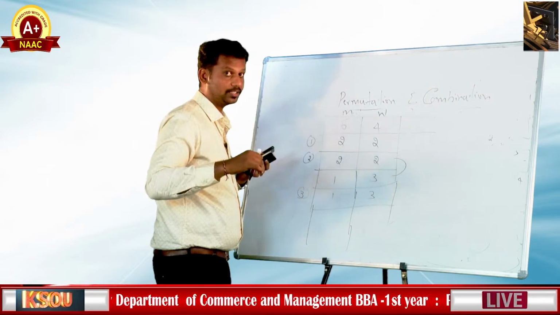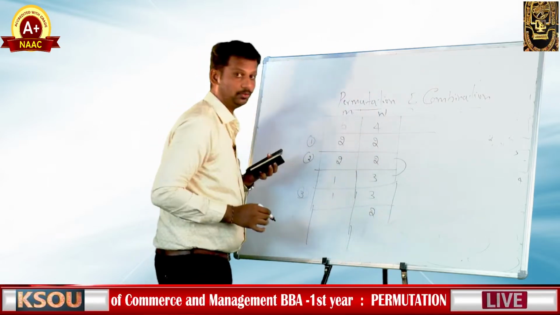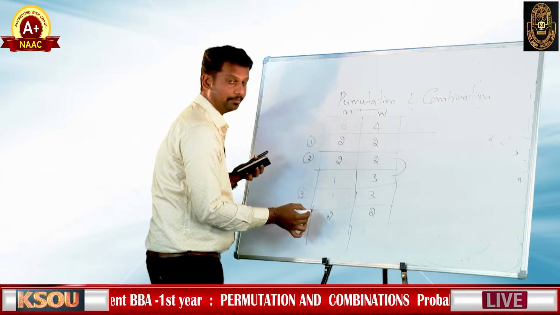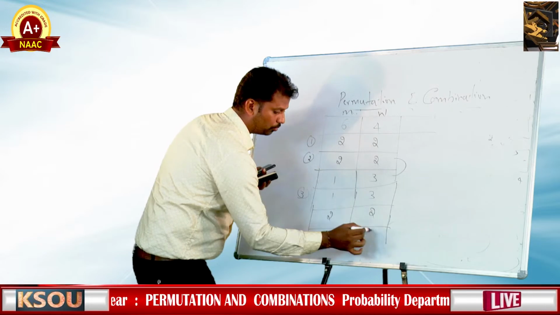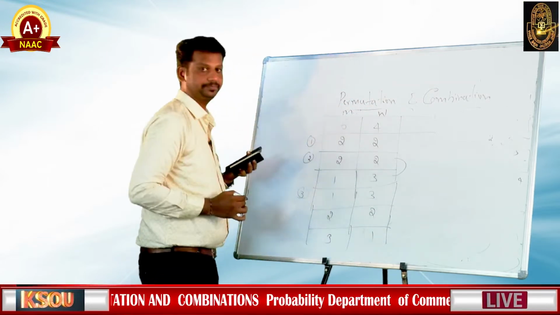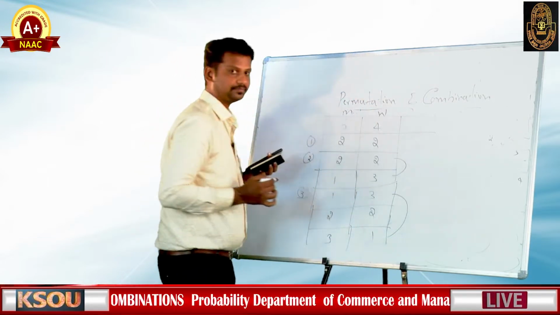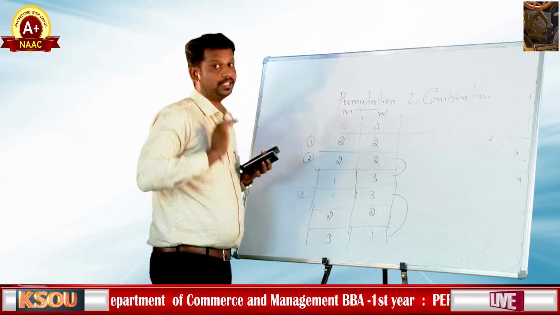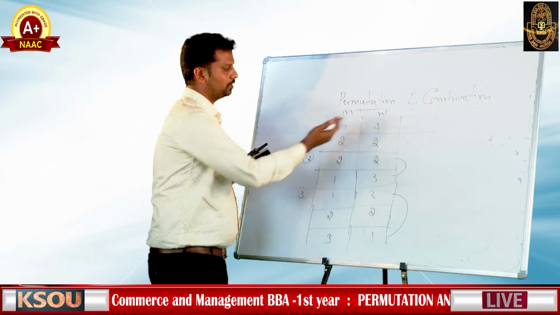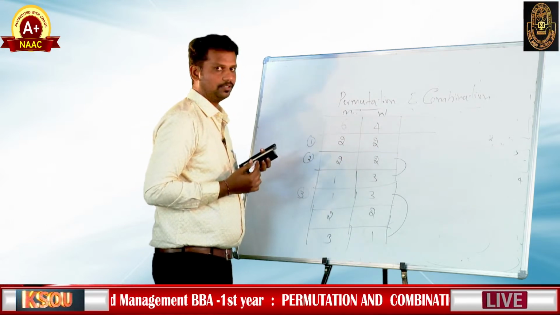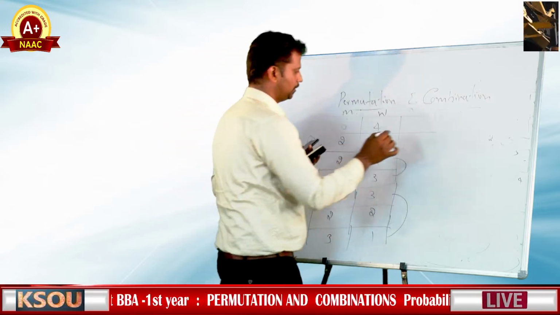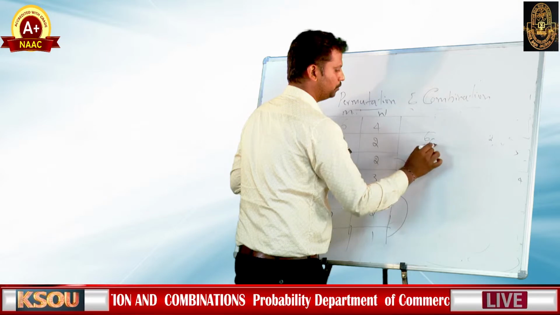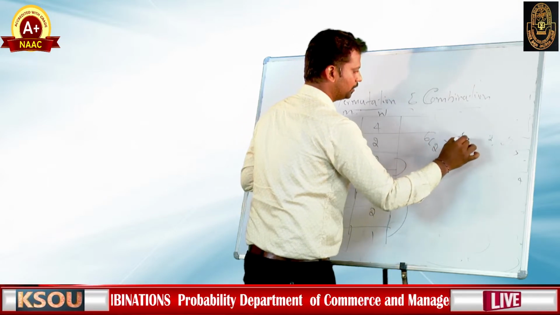You can also select 2 women, then the remaining 2 will be men. If you select 1 woman, the remaining 3 will be men. This is the answer for at most 3 women in the committee. It's a combination, 6C2 into 4C2.